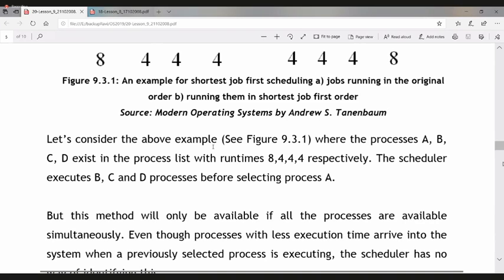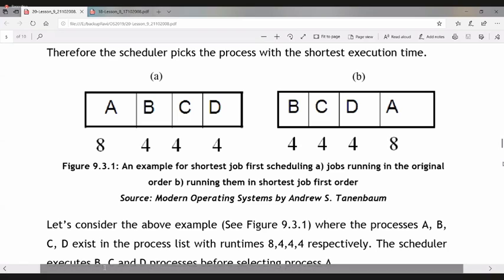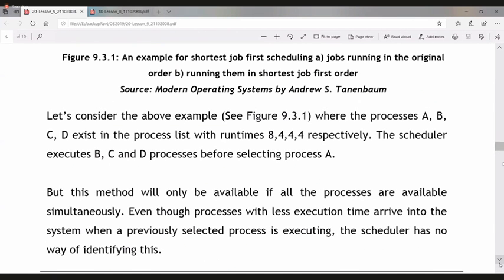Let's consider the above example, this diagram, where processes A, B, C, D exist with runtimes 8, 4, 4, 4. The scheduler executes B, C, D before selecting process A. But this method is only available if all the processes are available simultaneously.